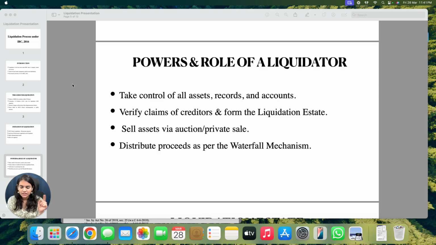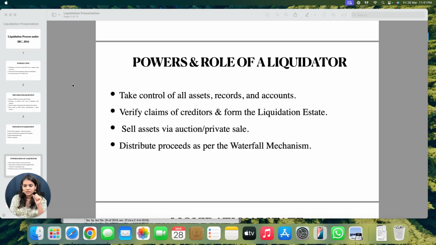All of the criteria that we have seen under the CIRP process for claim verification still applies here as well. And if the financial creditors are unable to provide records from the information utility, then they may submit their claims in a manner as prescribed for the operational creditors.